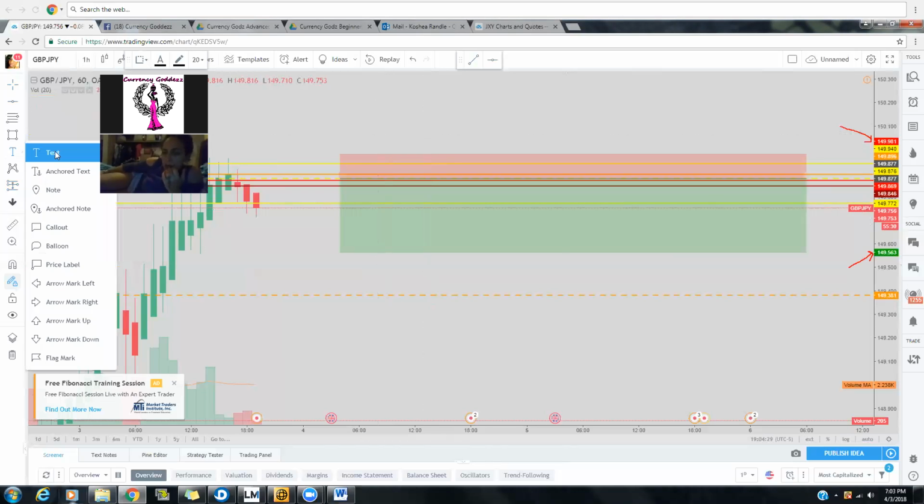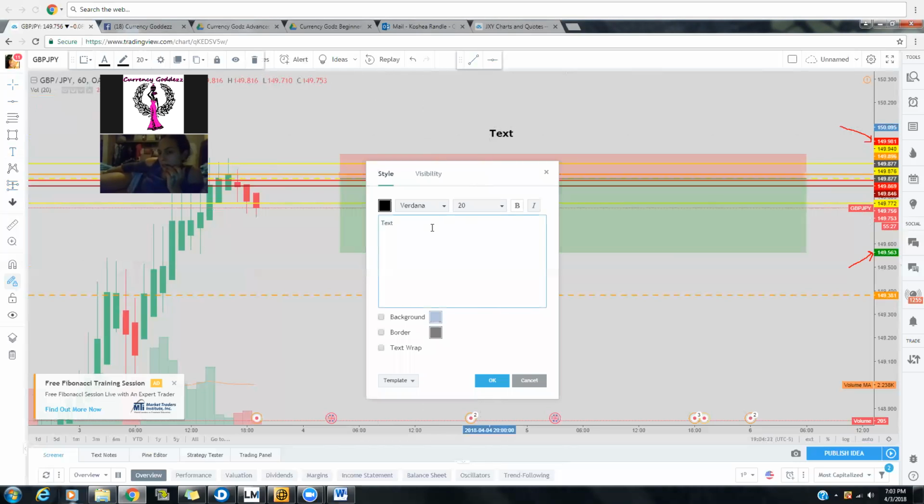You want to put on your chart what you're looking at, so when you get back to it, it's just right there in front of you. So you're just going to type it out. And how do you get that part? The T, the little T in the corner, right there.